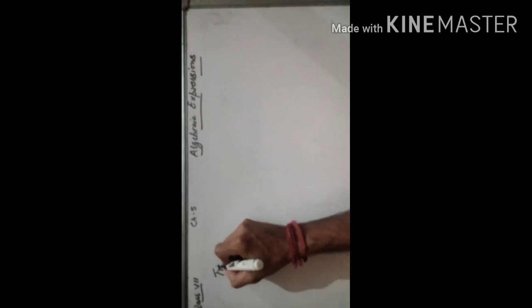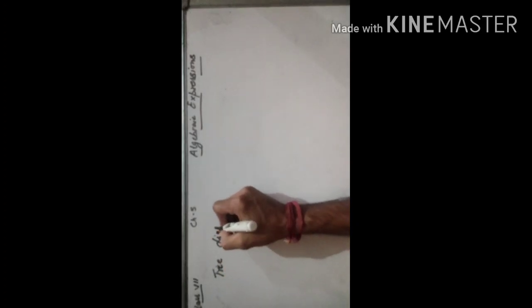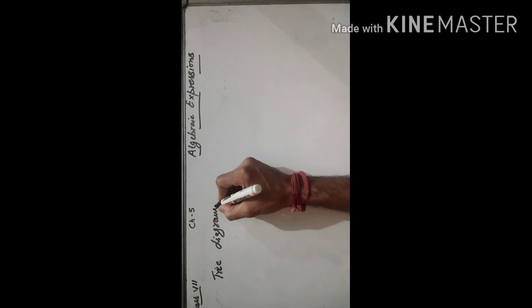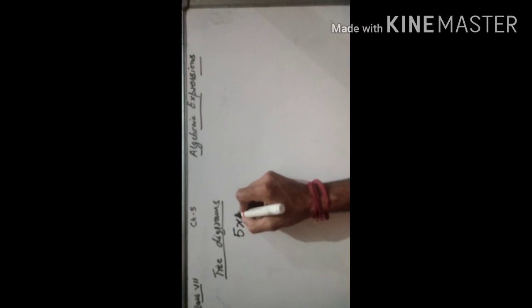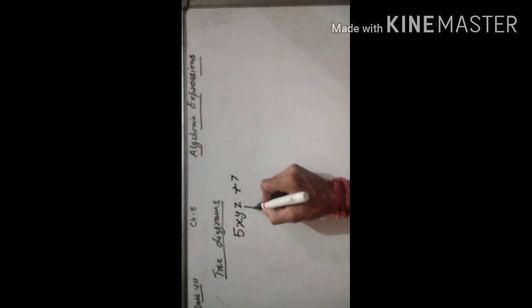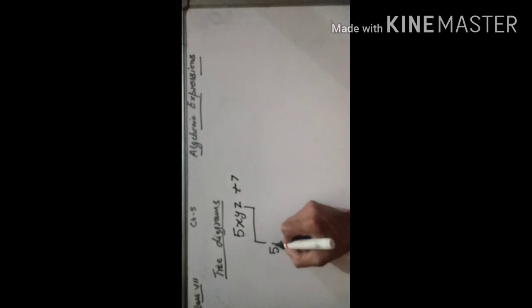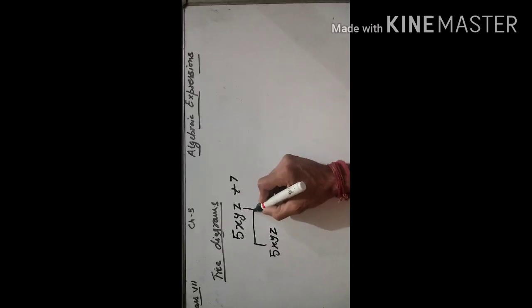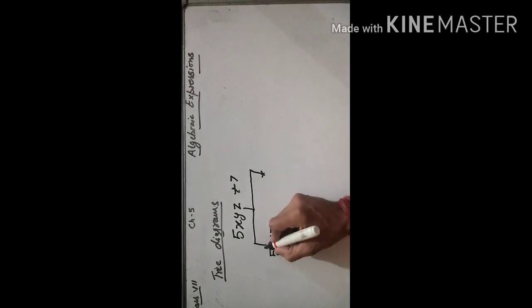Tree diagram. Suppose the expression is 5xyz plus 7. Now first term is 5xyz and second term is 7.